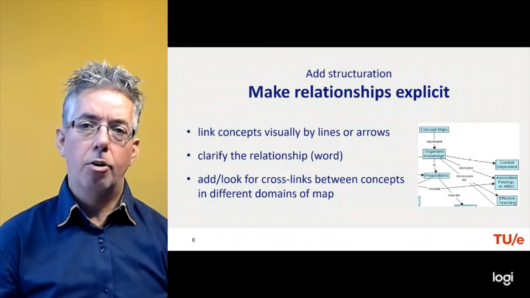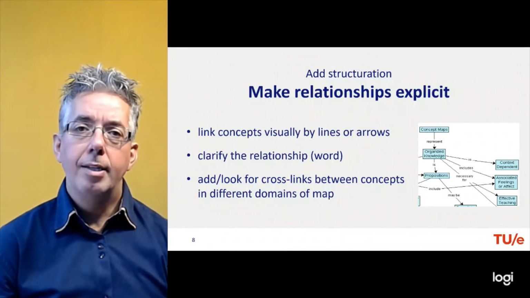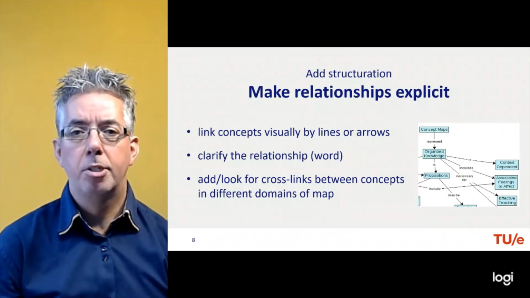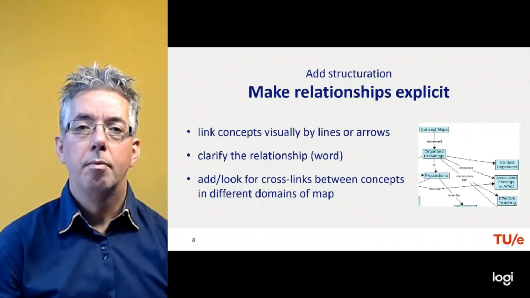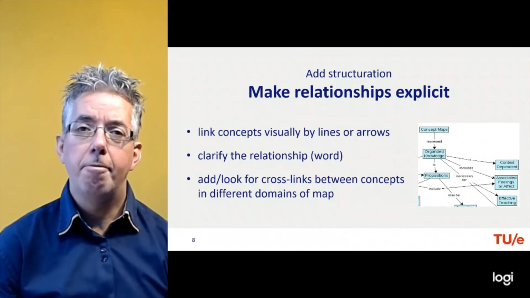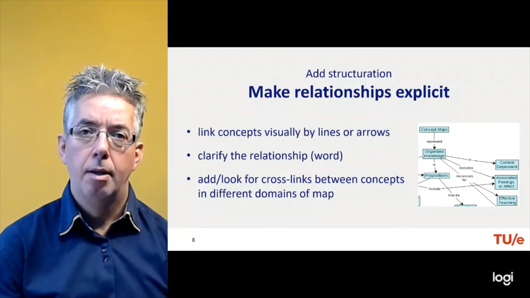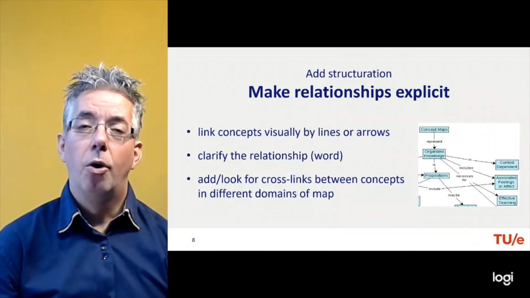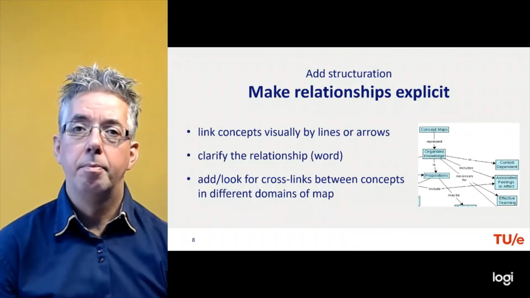It links the concepts visually by lines and arrows. And then you clarify those relationships by words. And finally, you can add or look for cross-links between different sections of your concept maps to also include indirect relationships or less obvious relationships.